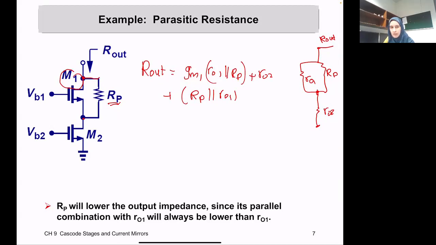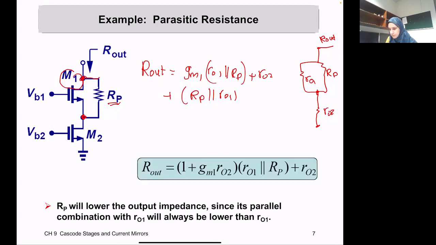Is it clear why RP is appearing in parallel? Because it's connected from both terminals, from the source to the drain of the transistor. That's why it's appearing in parallel with the transistor's R out 1.